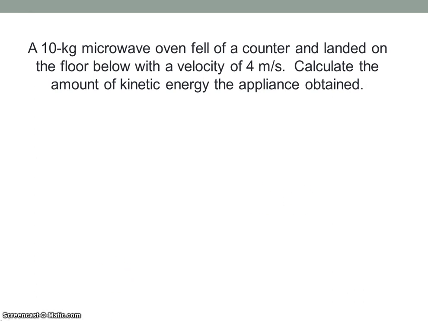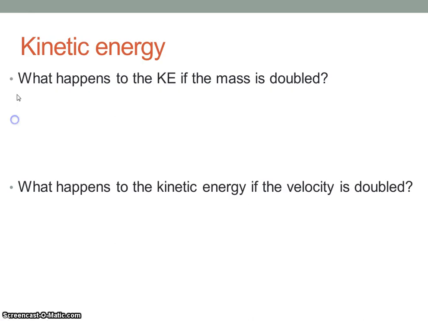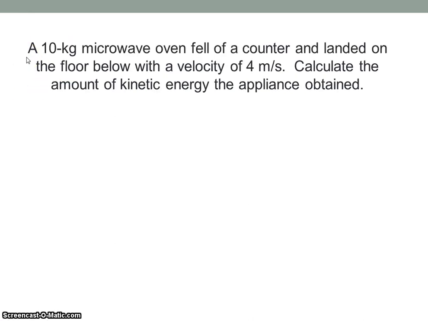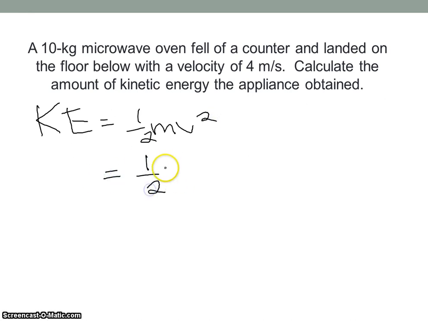So let's work a sample problem here. Kinetic energy is equal to 1/2 of the mass times the velocity squared. So in this scenario, this microwave oven, maybe your mom asked you to bring it inside and set it on the counter, and you had a popsicle in your mouth, so you weren't really paying attention.